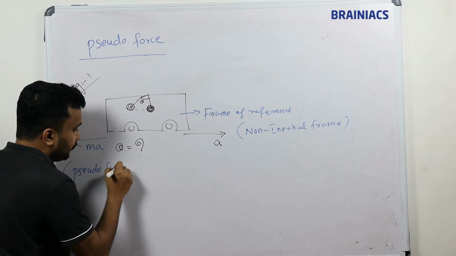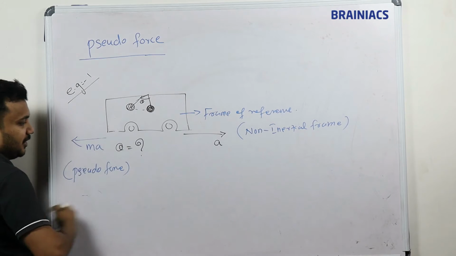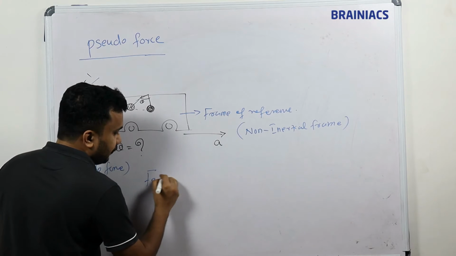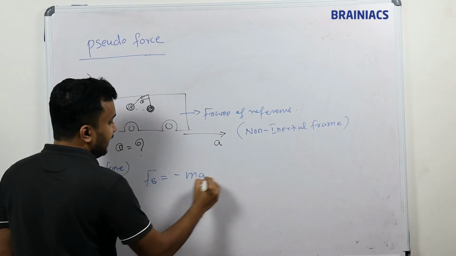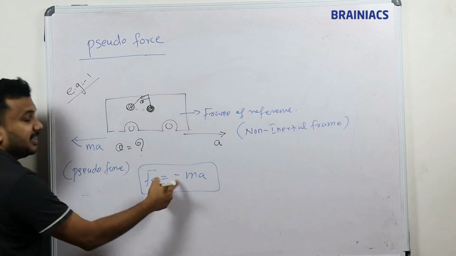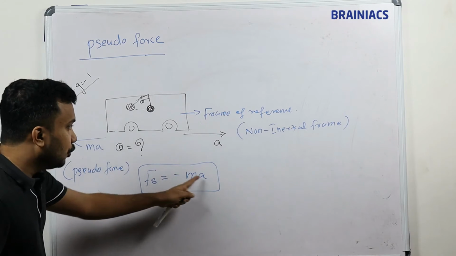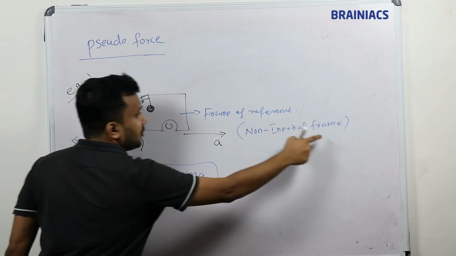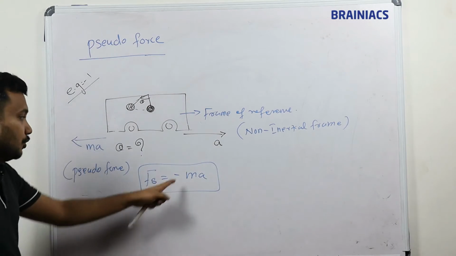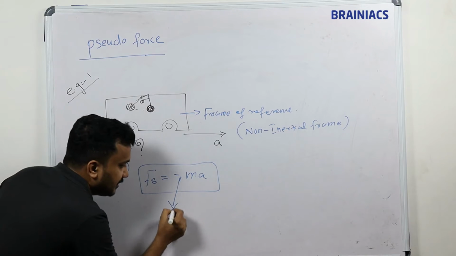Normally we write the pseudo force Fs equal to minus ma. What does this minus indicate? The acceleration is opposite to the direction of the non-inertial frame's movement.